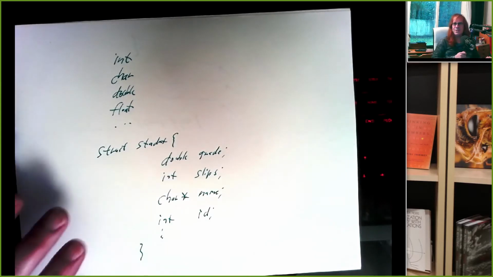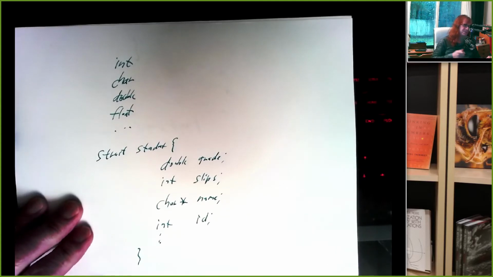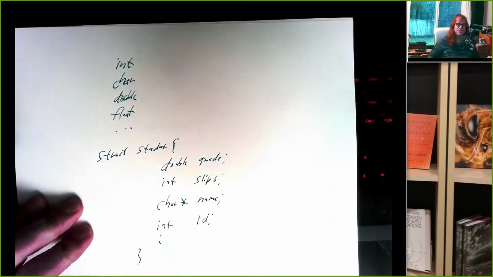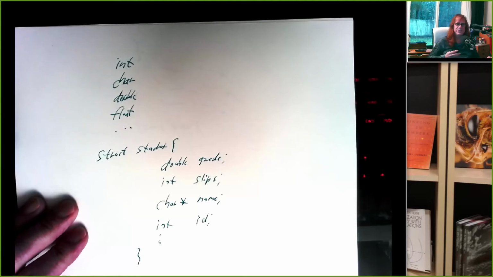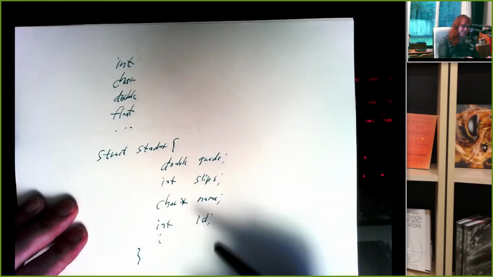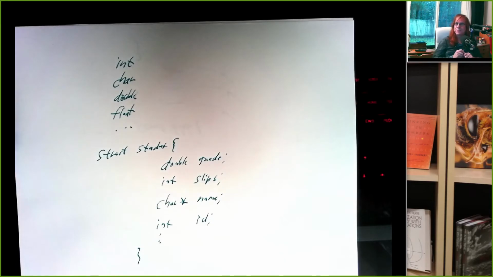And so I can make an integer i, which holds an integer. I can make a character c, which holds a character. I can make a struct student s, and s will hold a grade, a slips, a name, and an ID.